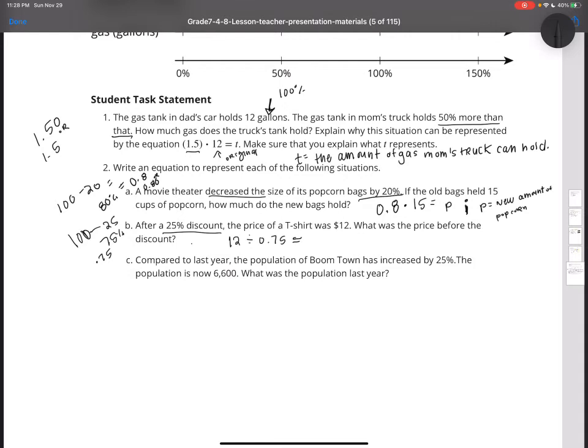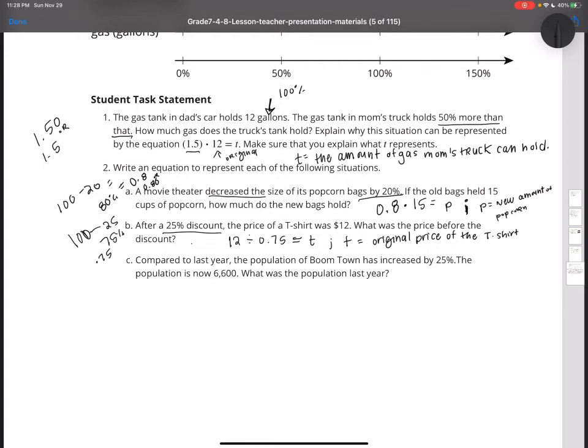We're talking about a t-shirt, so let's put a T for t-shirt, and T represents the original price of the t-shirt.